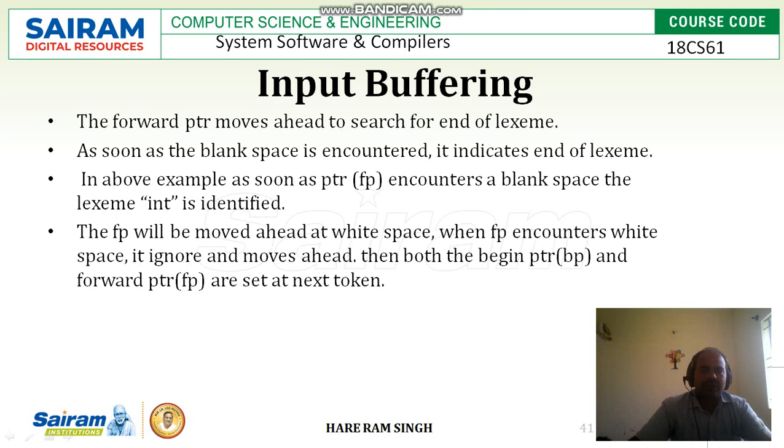In the above example, as pointer FP encounters a blank space, the lexeme int is identified. When FP encounters white space, it ignores it and moves ahead. Then both the begin pointer and forward pointer are set to the next token.